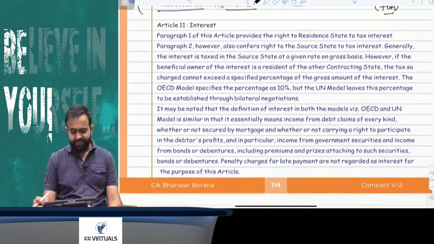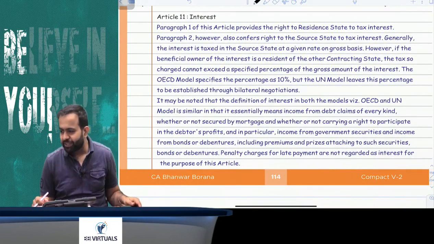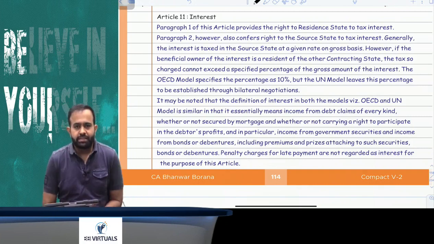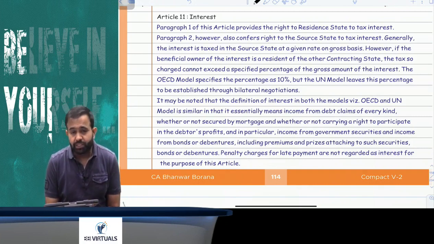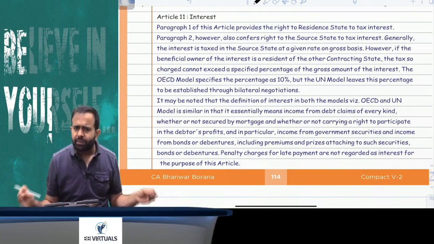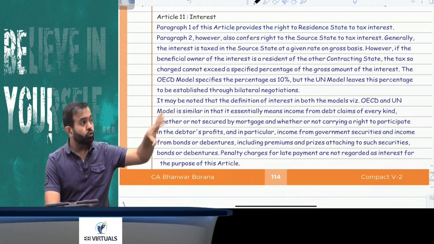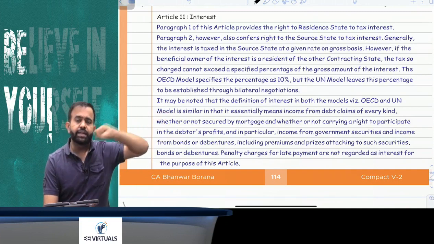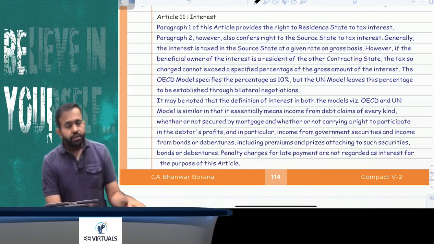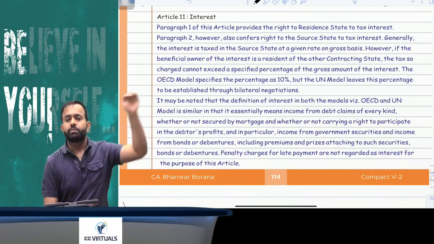Yes. Now next part is interest. Sir, who is going to charge the tax on interest? Suppose a resident of one country is deriving interest income from another country. Obviously the resident country will always charge the tax. Always remember, the resident country will charge the tax. But the source country can also charge the tax, though its taxing right is limited in interest. In interest, the OECD model says that the source country can charge tax on interest only up to 10%.